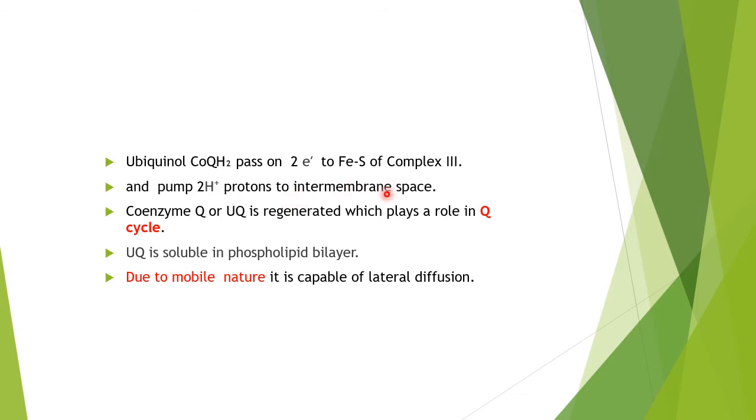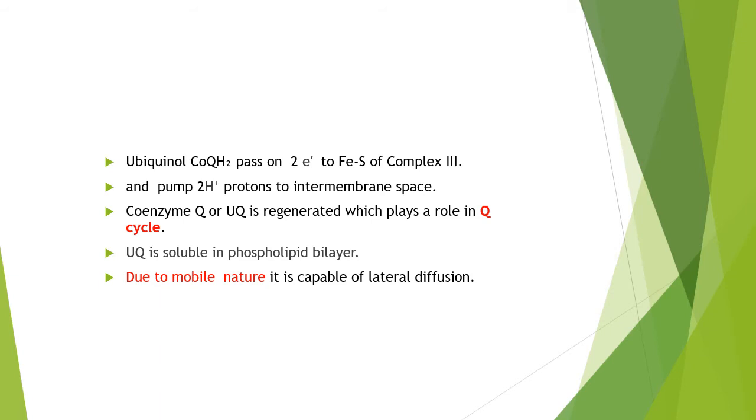So coenzyme Q, or ubiquinone, is regenerated, which plays a role in the Q cycle, because it has to be recycled so that there is the next movement of electrons. Ubiquinone is soluble in the phospholipid bilayer, because of which it has a mobile nature and is capable of lateral diffusion.